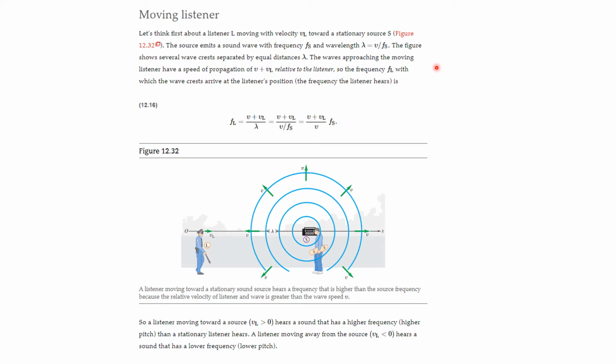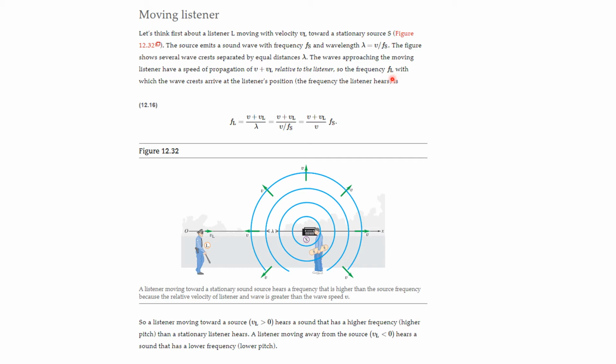So we saw the figure, and we can see what's happening here. The figure shows several waves with crests separated by equal distances, and these distances are, in fact, the wavelength. The waves approaching the moving listener have a speed of propagation of v plus v sub l, because this speed adds with the speed of sound relative to the listener.